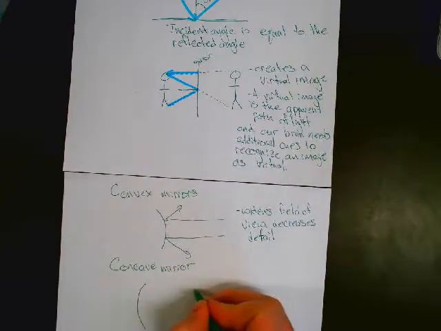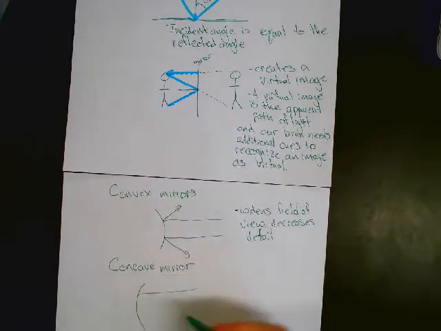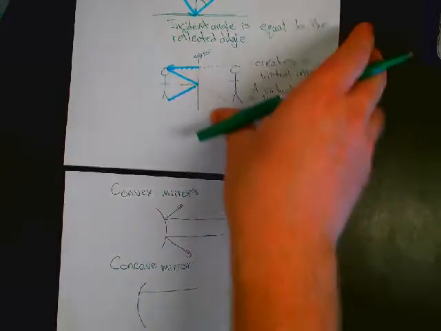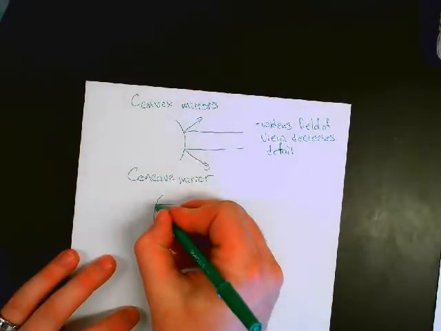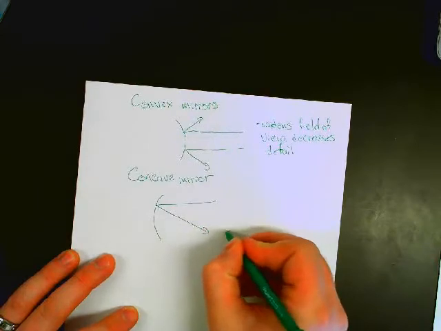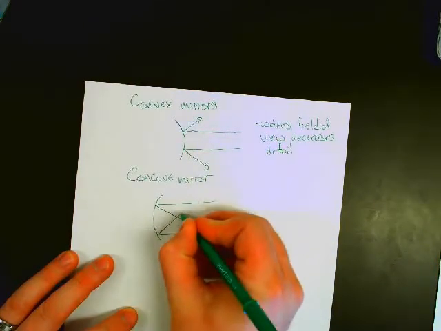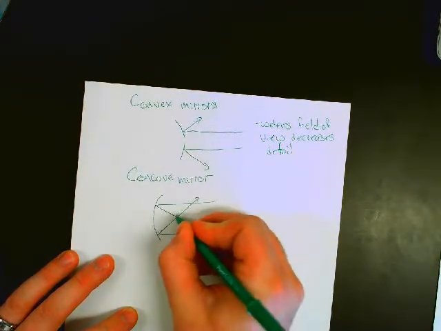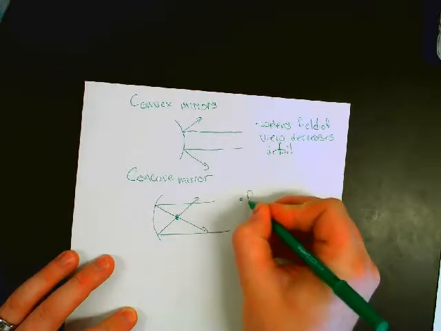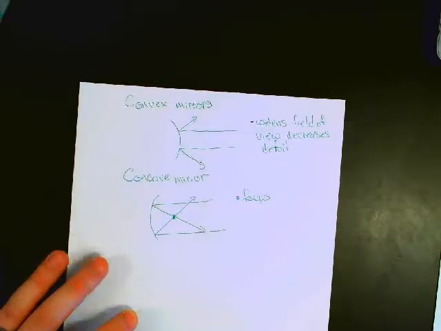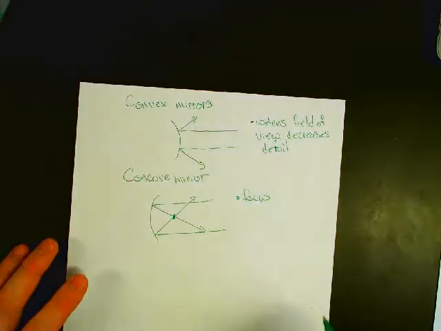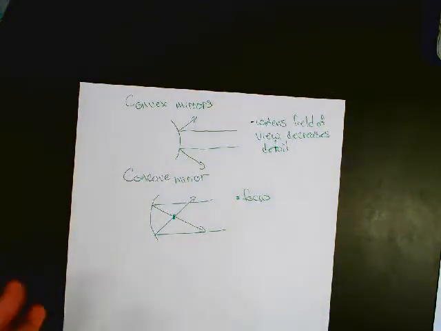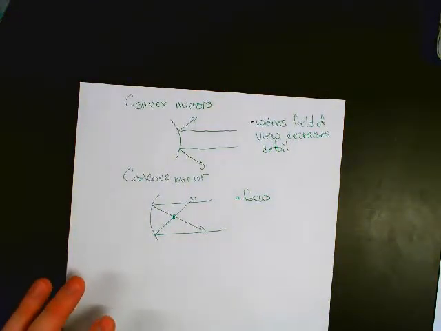Light comes in and bounces off a point. Again, the normal for each of these different locations on the mirror is different from the other ones, and this causes all the light to bounce through a single location. That location is called the focus. A concave mirror is different from a flat mirror in that it can create what we call a real image.